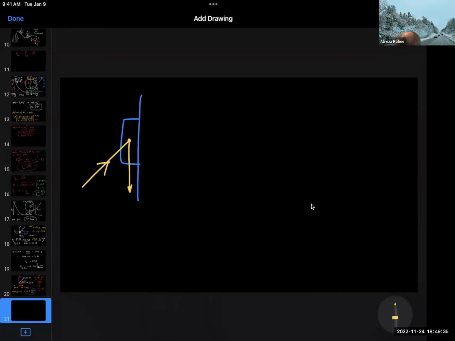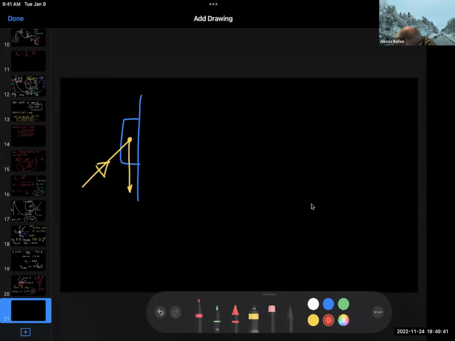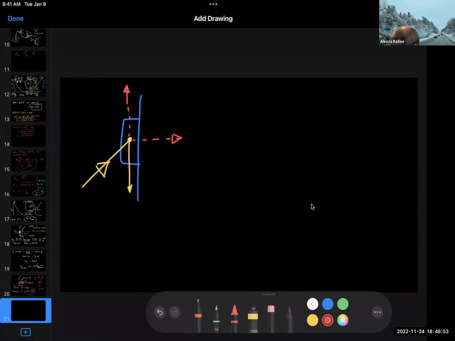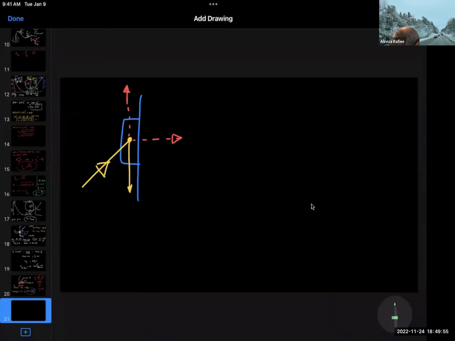You're pushing it with this force in this direction, and that basically breaks into two components, one upward, one horizontal. So this push to the right side will create a normal force, which is this way. And then because it's moving up, the normal force is going to create a friction downward.